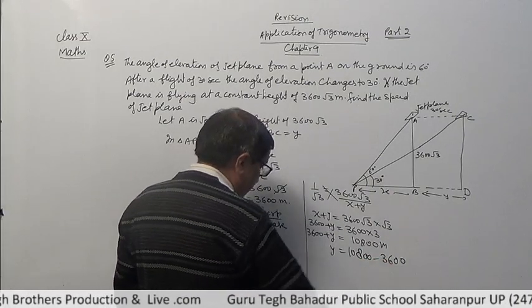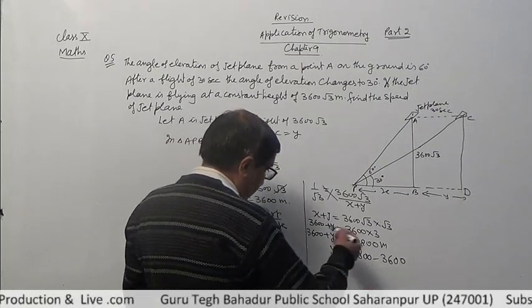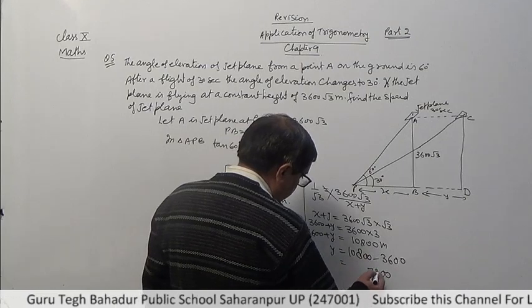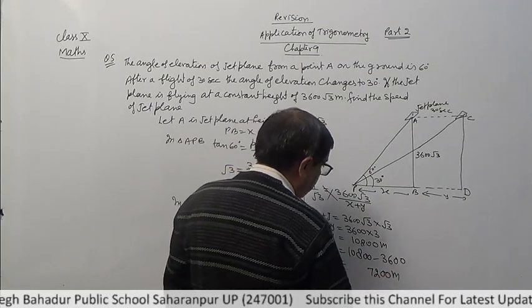This plus becomes minus when we bring it to the right side. So it will be 7,200.